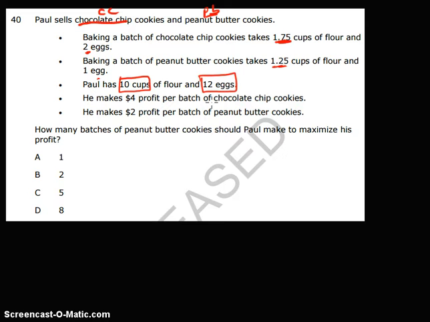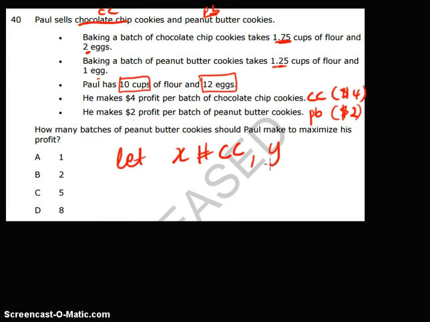Now if he sells chocolate chip cookies, he makes a profit of $4. And when he sells peanut butter cookies, he makes a profit of $2. So let X be the number of chocolate chip cookies that he's selling, and Y be the number of peanut butter cookies that he's selling.